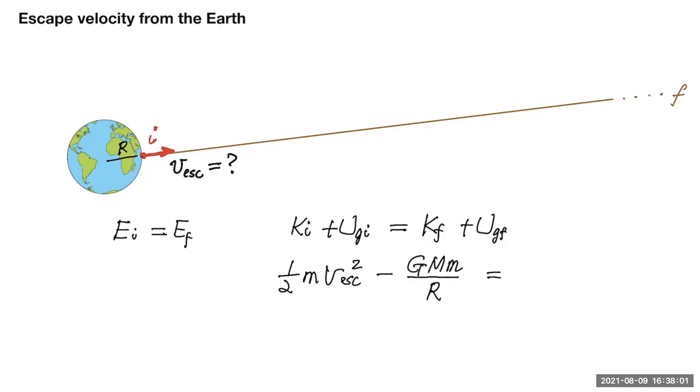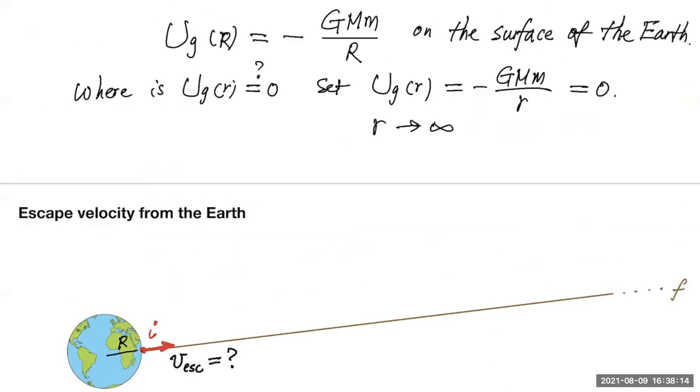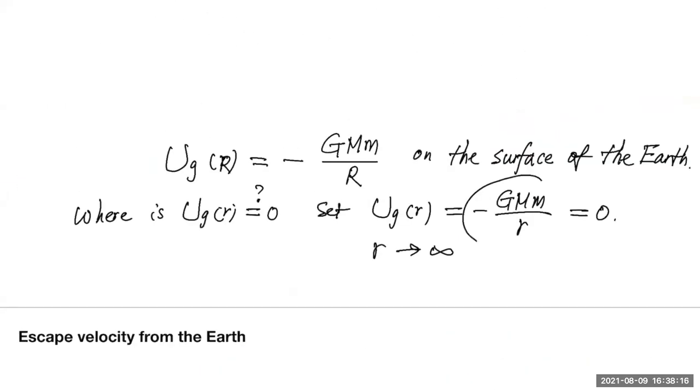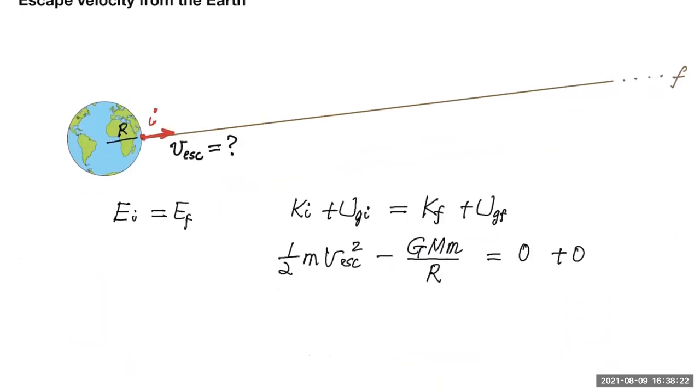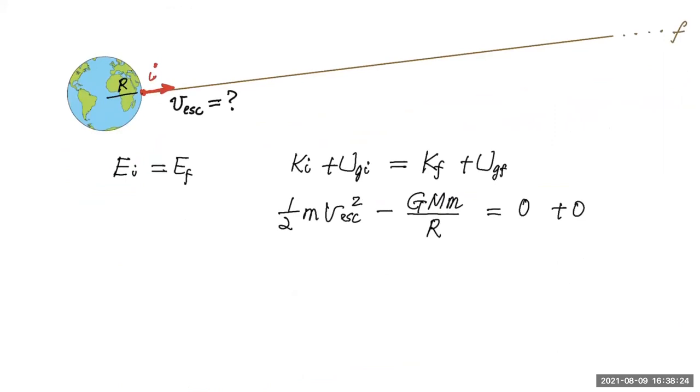So we're going to set the final kinetic energy to be 0. It is able to get to infinity, but it has lost all of its kinetic energy on the way there. The final potential energy is what? It's also 0. Isn't that true? Because look, in this expression, when R equals infinity, the potential energy is 0. That's how we defined the 0 point of potential energy, right? So the right-hand side is simply 0.